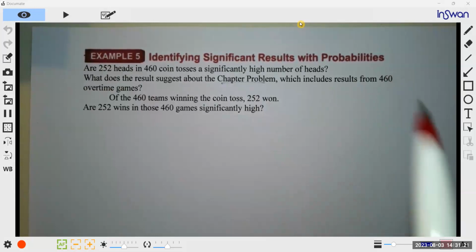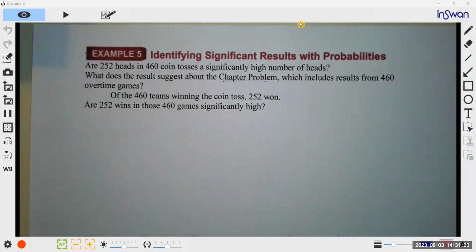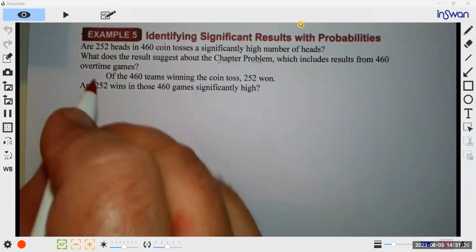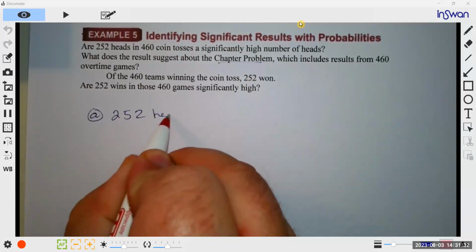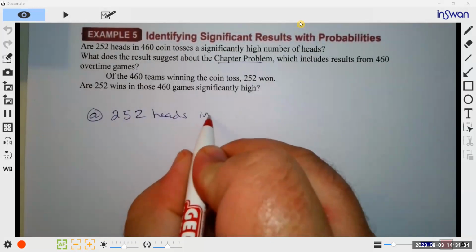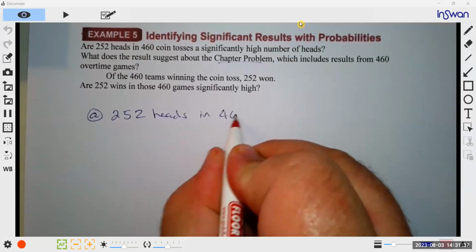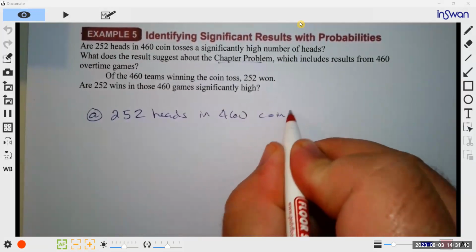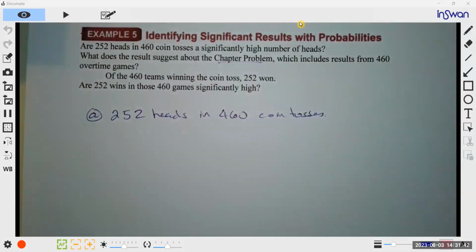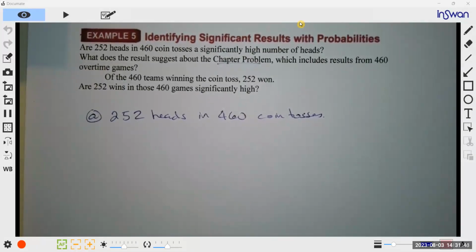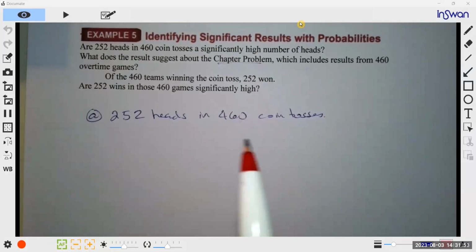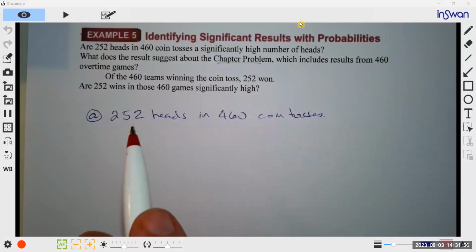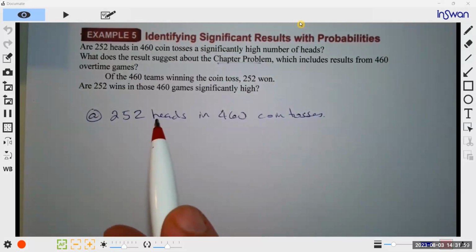All right, so let's look at this. The first one: 252 heads in 460 coin tosses. So if it was by chance, we look at around 230. So that's just a little bit above what's expected.